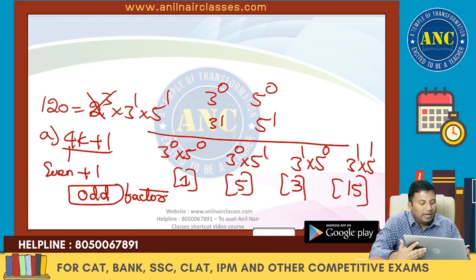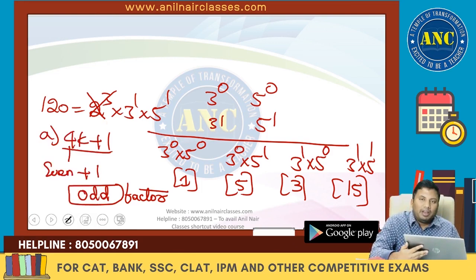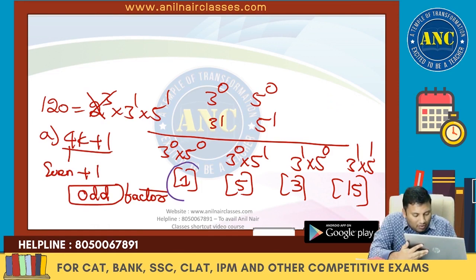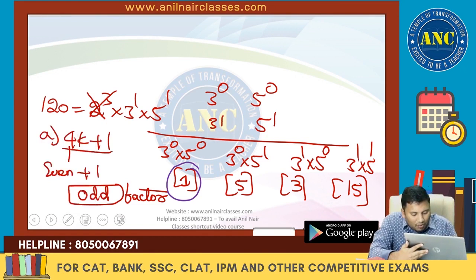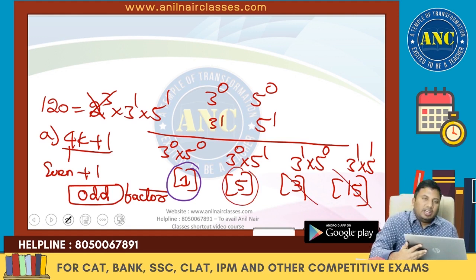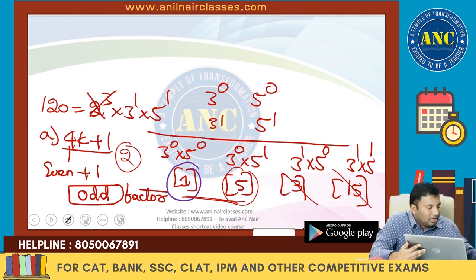Now you tell me how many factors when divided by 4 give a remainder 1. One case: 5 when divided by 4 gives remainder 1. Another case: 1. I hope it is clear. This 3 is of the form 4k plus 3. So totally I got 2 cases. I hope the idea is clear.